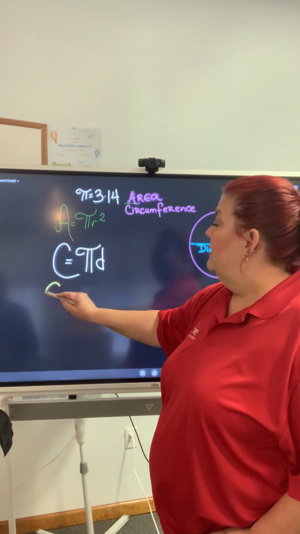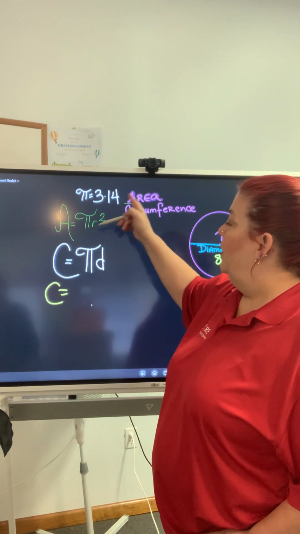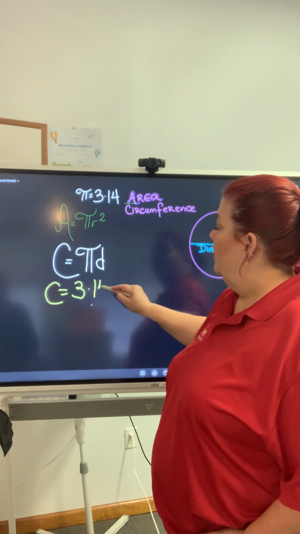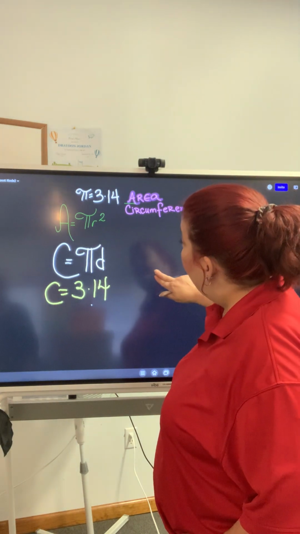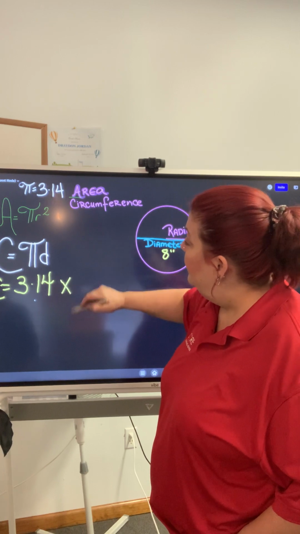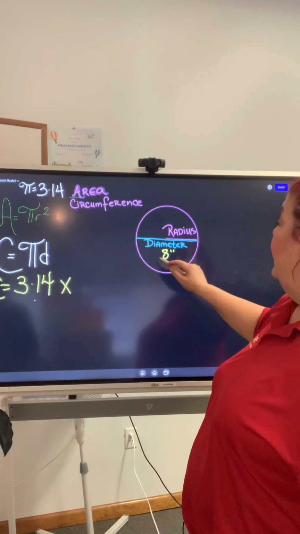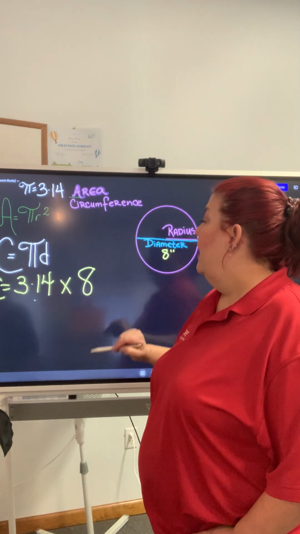My circumference is equal to pi, which is 3.14, times, because the relationship between two variables is multiplication, right? Diameter, which clearly states here that the diameter is 8 inches.